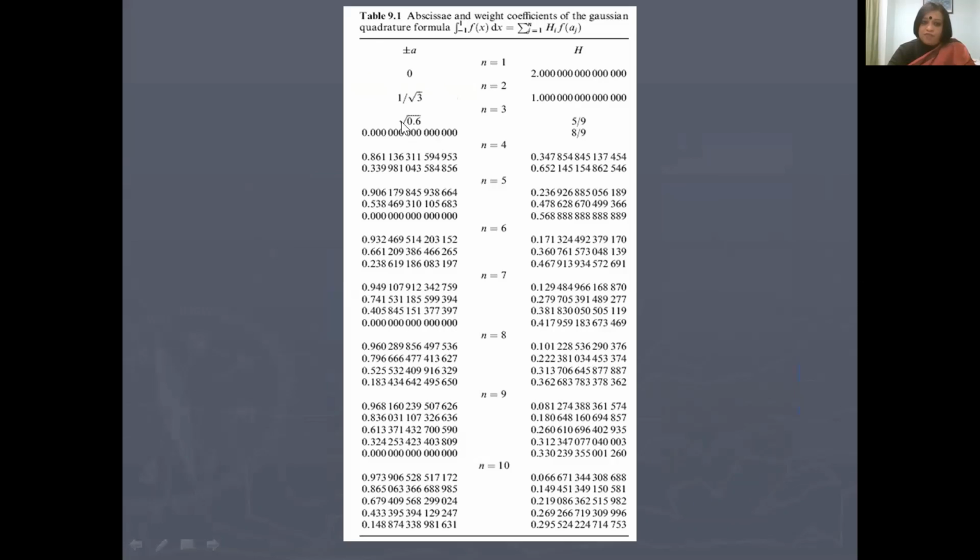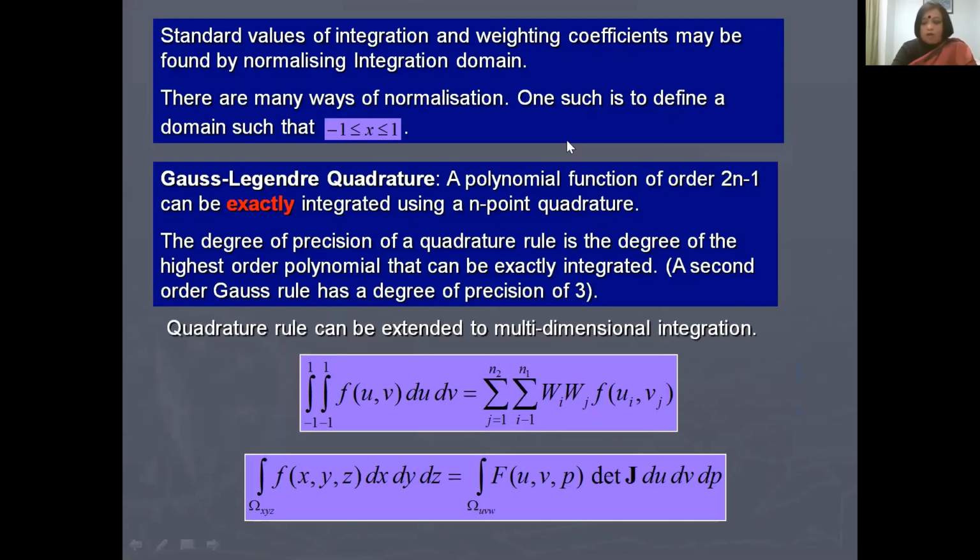The weight for plus minus root 0.6 is 5 by 9, and the weight for the 0 point is 8 by 9. So you can read out the sampling points and weight functions for whichever point quadrature you decide to use, and then apply them.